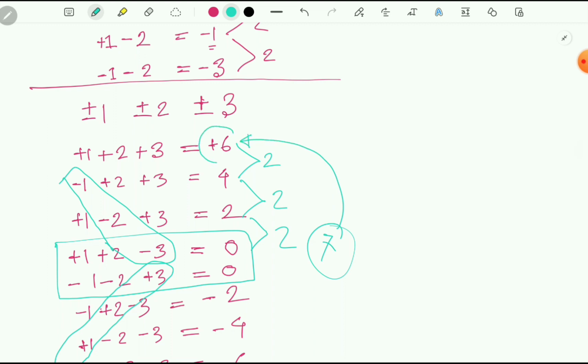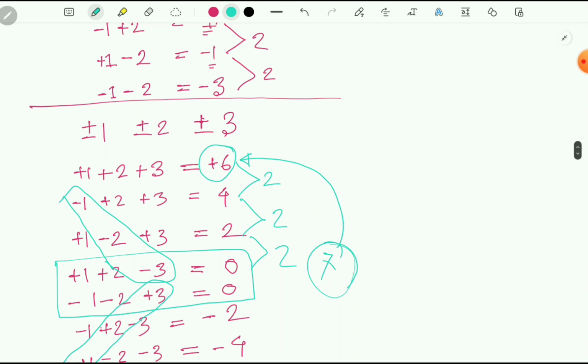So total summation was 6, right? And we get number 7. So we can make a shortcut. If you find the summation is 15 or 16, 20, you will get how many different numbers? Just plus one with them.